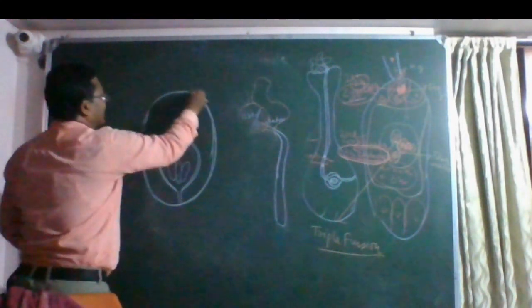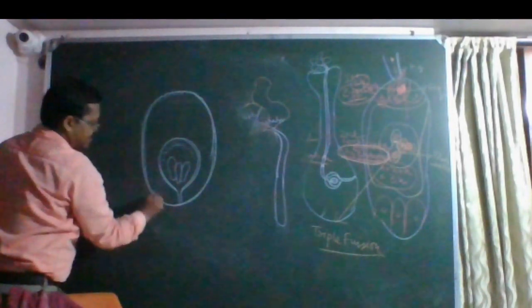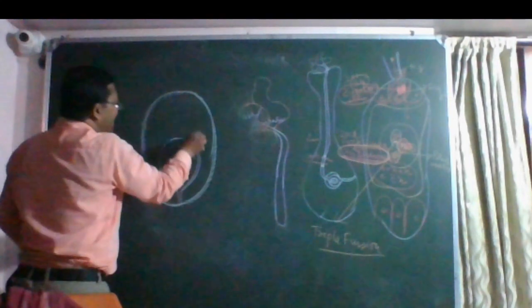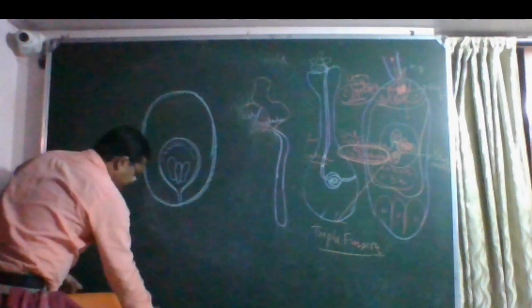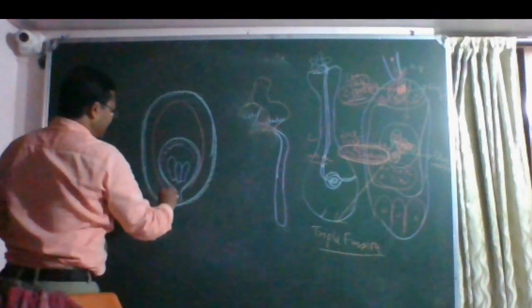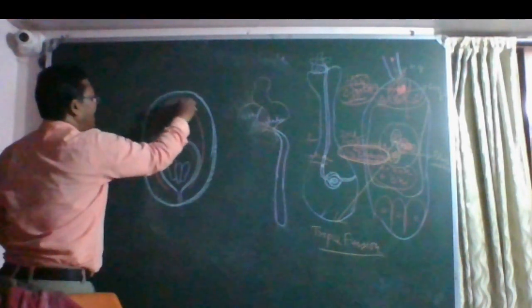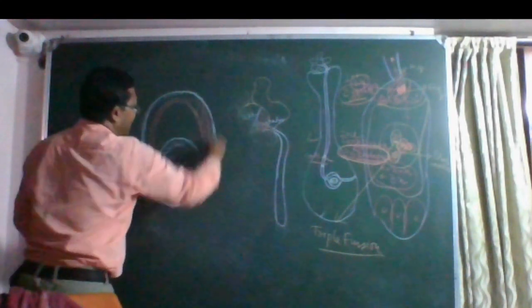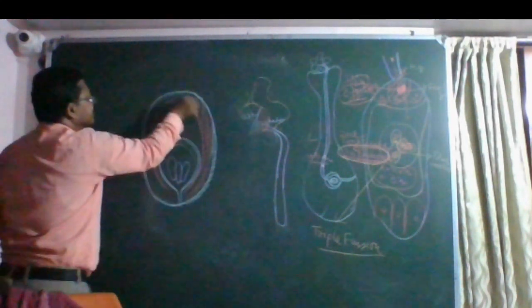The outer layer is called the epicarp. This is very thin and leathery, and the innermost layer is very hard. Generally it is a hard structure, and the other part is fleshy in nature.